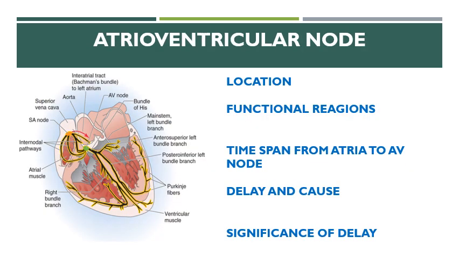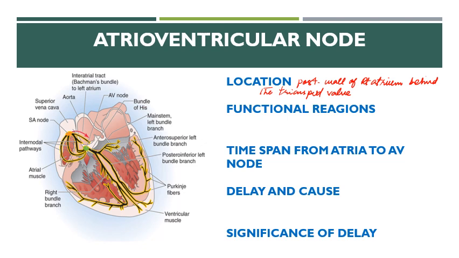The impulses from the interatrial pathways reach the AV node, that is atrioventricular node, and this node is located in the posterior wall of right atrium behind the tricuspid valve.